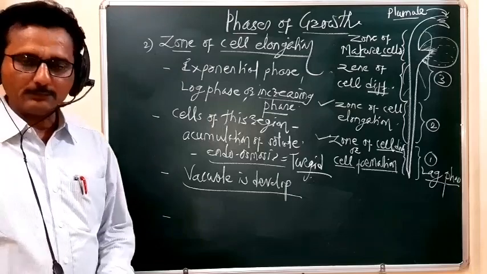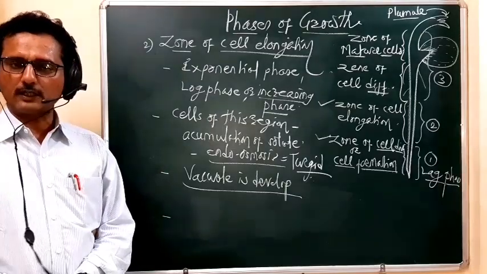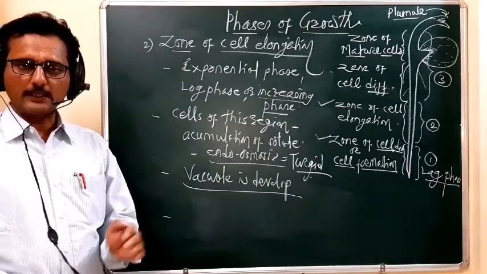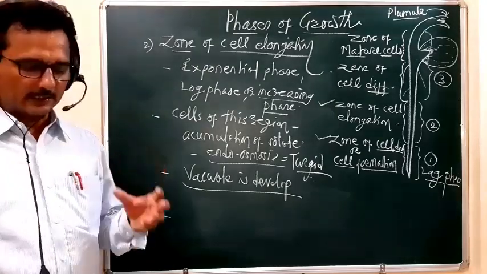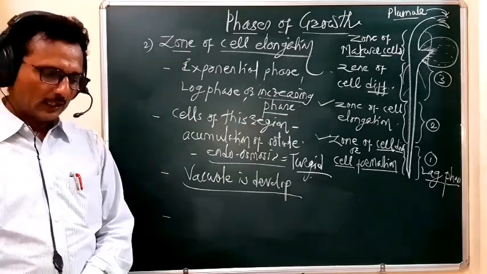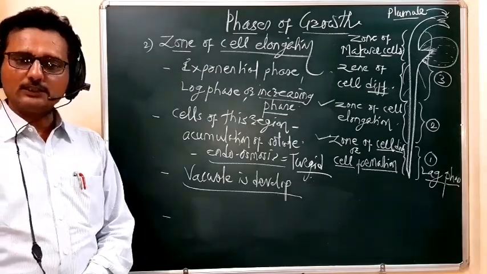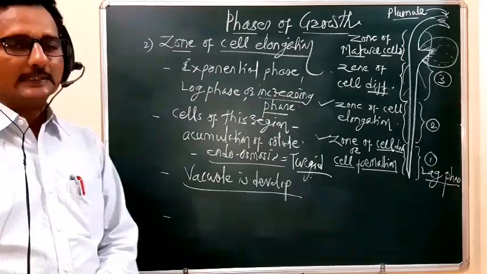Because of the development of the vacuole inside the cell, and the cell becoming turgid, automatically the size of the cell increases.